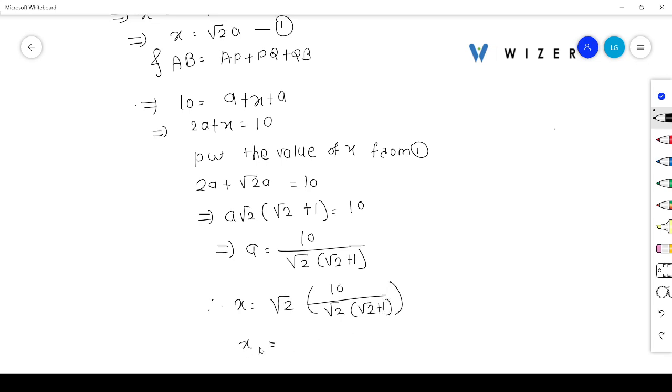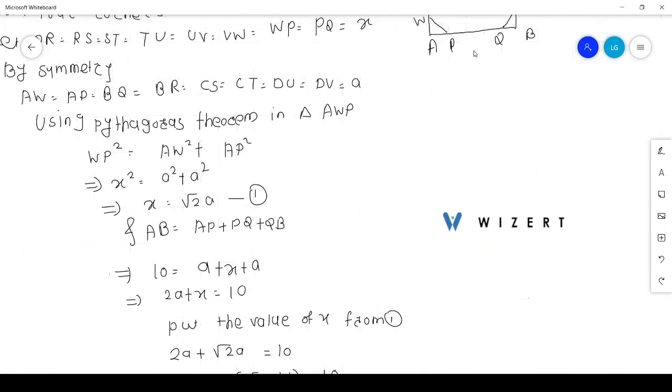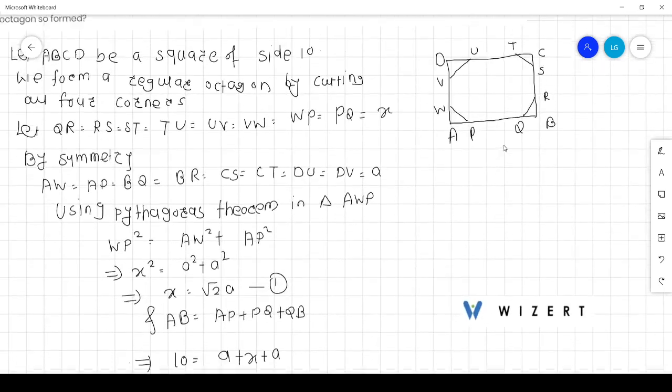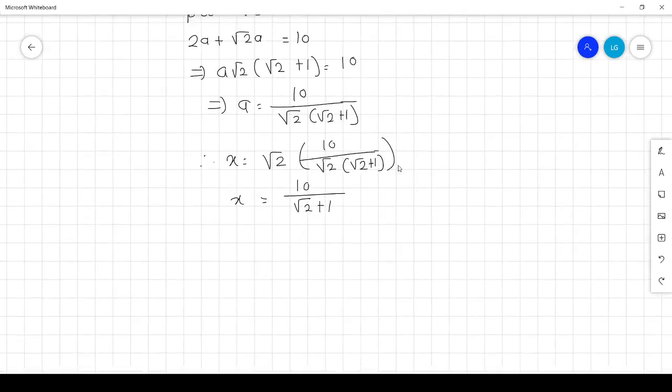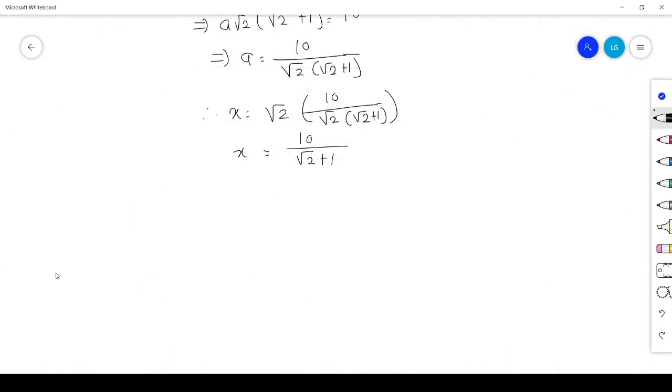That is, X is 10 upon root 2 plus 1. Hence, the length of side of octagon formed is 10 upon root 2 plus 1.